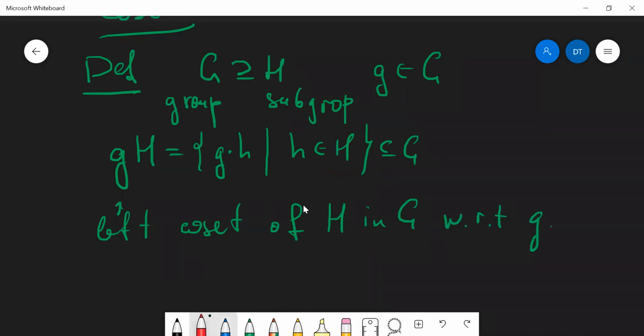Left means where small g is located: if small g is on the left, then it's a left coset.